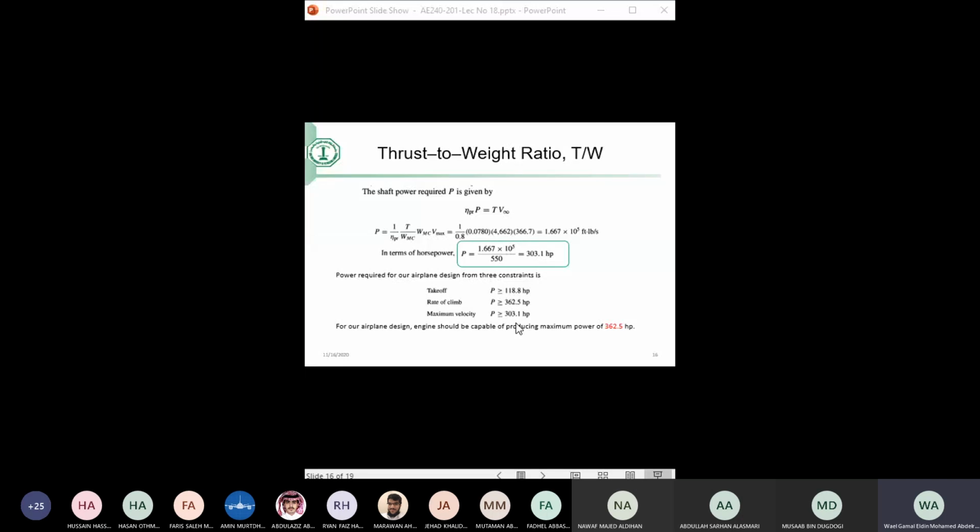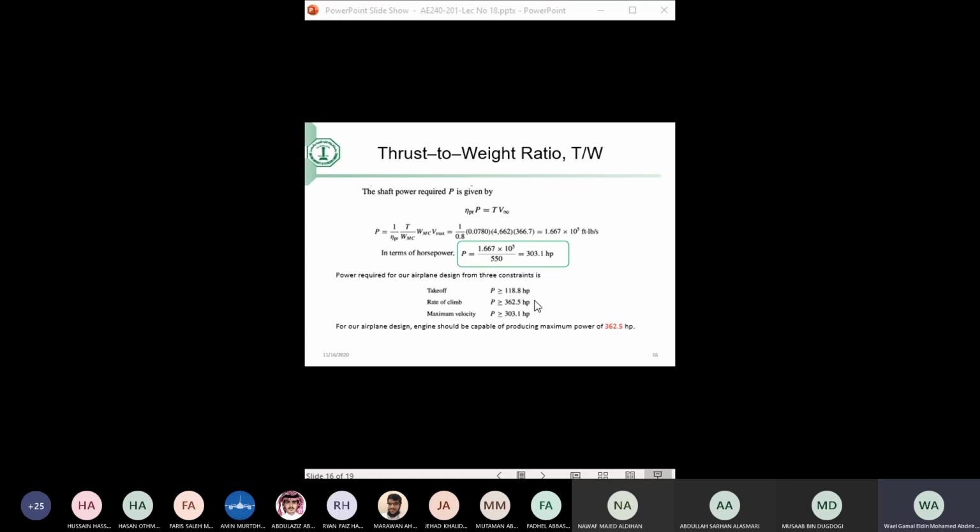Let's say they decided I don't want to take off in 2,500. I want to take off in less than this. Let's say 1,800 feet or 2,000 feet. So in this case, this value might be higher, might be 400. In that case, the determining factor is the takeoff, and the engine will be heavy because of the takeoff requirement, not because of the rate of climb. Okay, so it's all about the requirements.